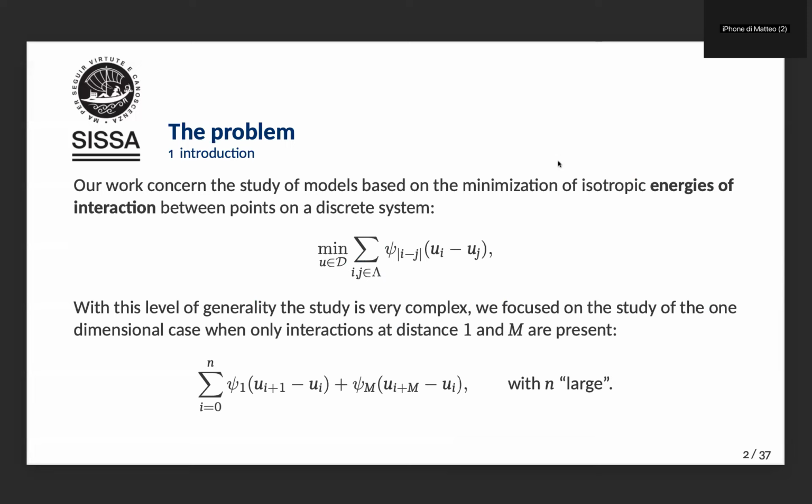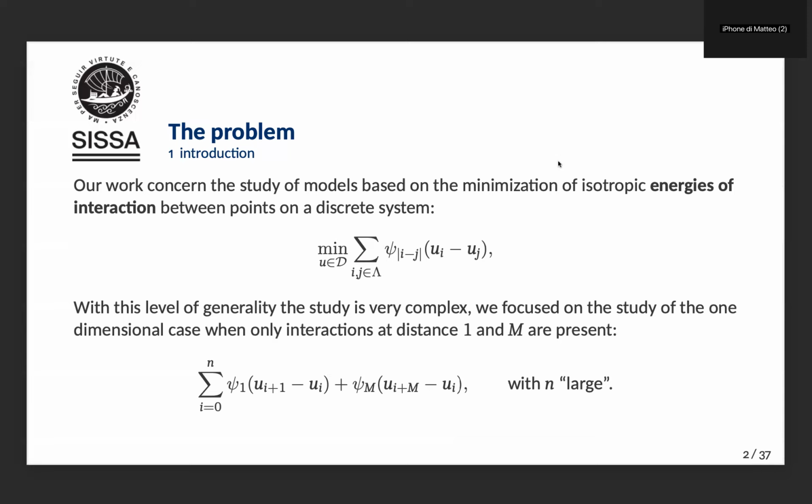So we will have the sum over 2 points on a discrete setting of some interaction energy depending only on the distance of the 2 points and the difference of a quantity assigned to those points. Okay, this problem in general is quite general, so we will actually study a simplification.